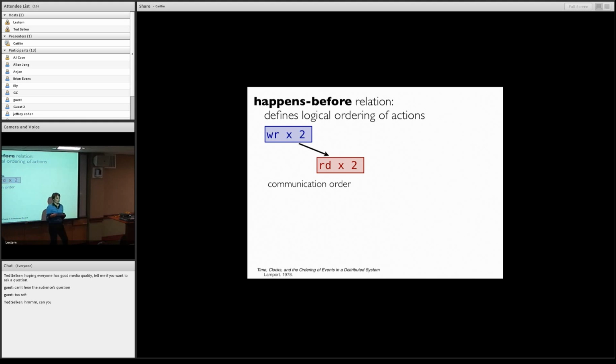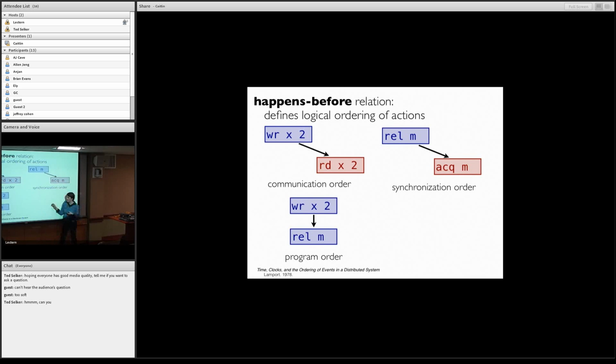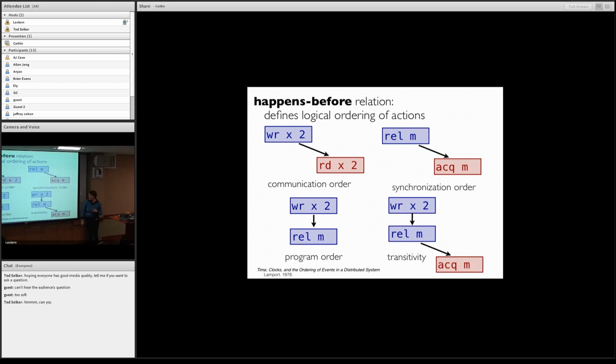If I have a release of a lock M, that happens before a subsequent acquire. And if I have two operations by the same thread, the first one happens before the second one. To make this a relation, we combine it with transitivity. So if I have two operations by a thread and the second one happens before another operation, there's a transitive edge connecting them.